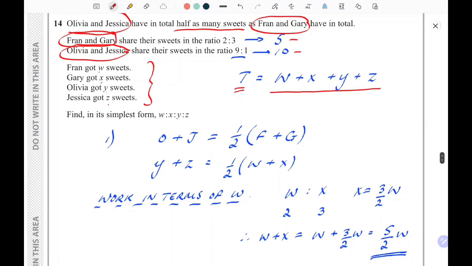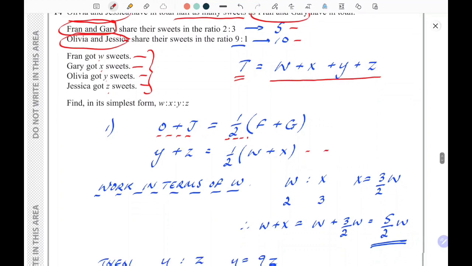So that means Olivia and Jessica, their total equals half times whatever Fran and Gary have. I've now replaced it with the variables for each one. So remember, Fran is W, Gary is X, Olivia is Y, and Jessica is Z. All right, straightforward. Put it all in there.